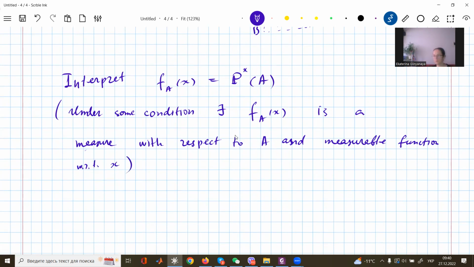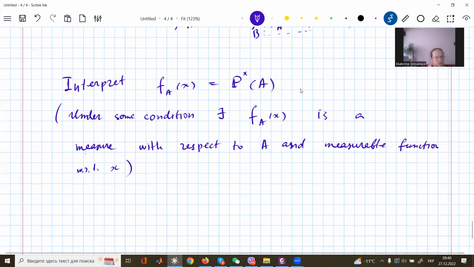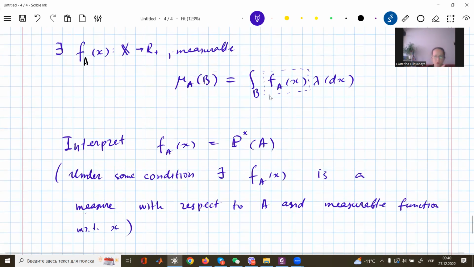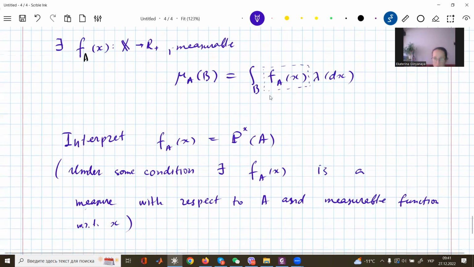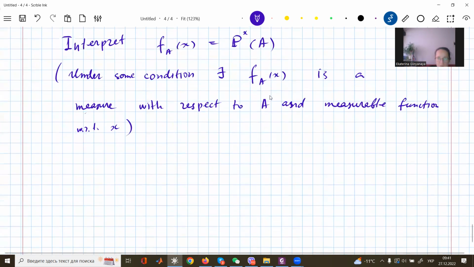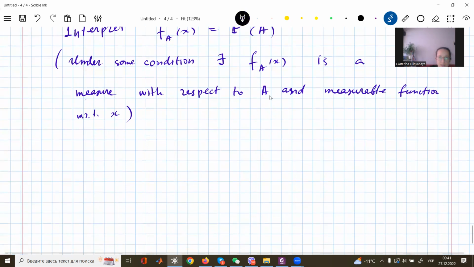Okay, so we have some object, but we should understand that this is indeed what we are looking for. So let us understand this on the following example.